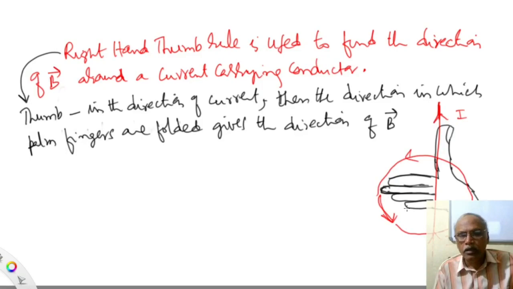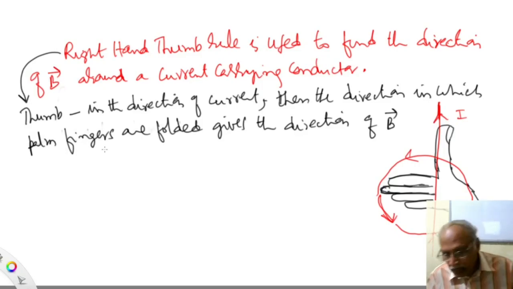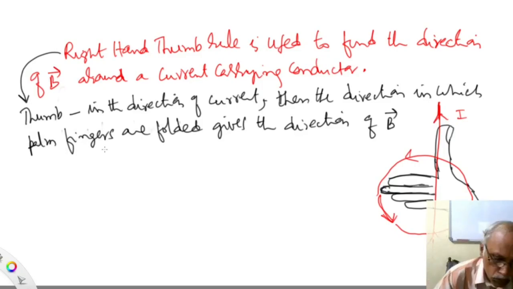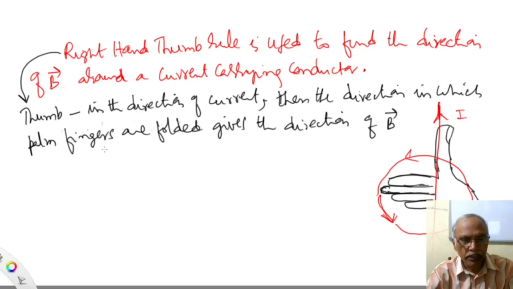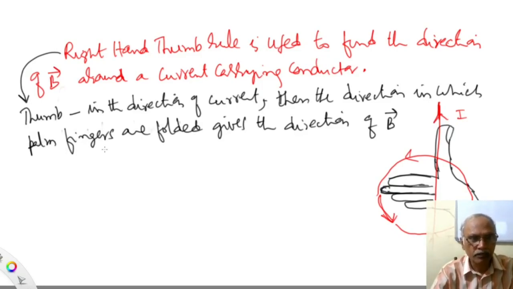So the point is, around a current carrying conductor there is a magnetic field, and around a bar magnet there is a magnetic field. To create a magnetic field there should be a current. Even in a bar magnet there is a current.